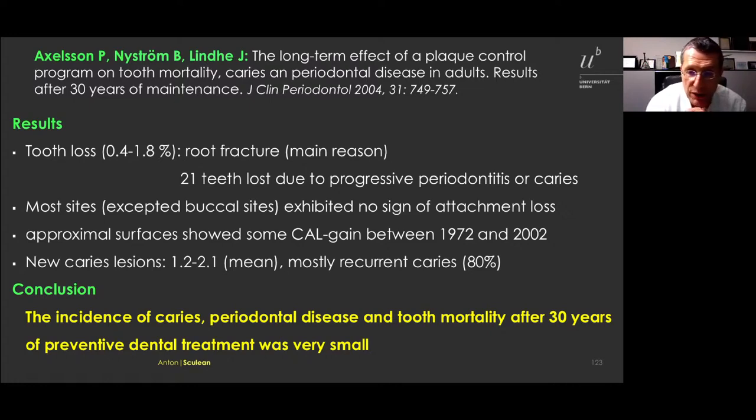Okay? So in other words, if you are able to maintain and to stabilize the clinical situation, then we can maintain the teeth even lifelong. These patients were quite old. Some of them were older than 90 years at the 30-year evaluation period.